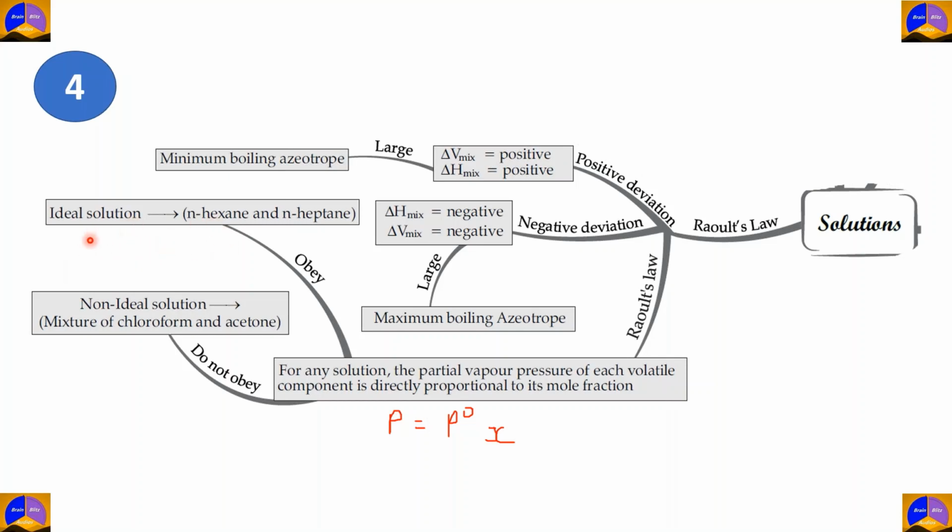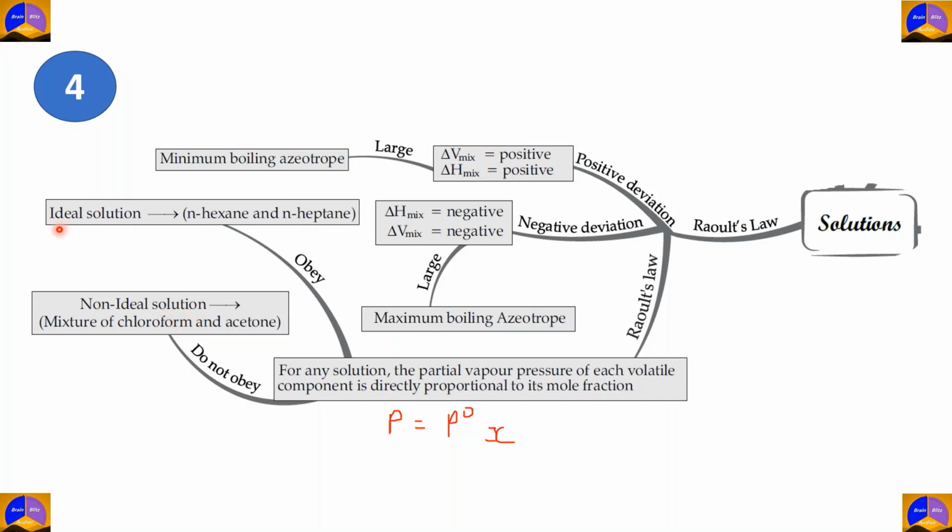There will be no change in heat or volume of the mixture. So if you have two components of specified volumes, then the volume of the ideal solution would be equal to the sum of the volumes. However, if a solution does not obey Raoult's Law, it is termed as a non-ideal solution.